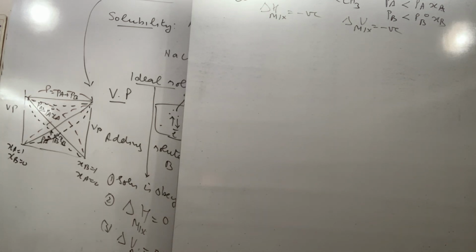So when you are having non-ideal solution, then you are having azeotropic mixtures. Azeotropic mixtures means the mixtures, for example, solution of A and B forming a non-ideal solution. So how to separate them? By using fractional distillation.